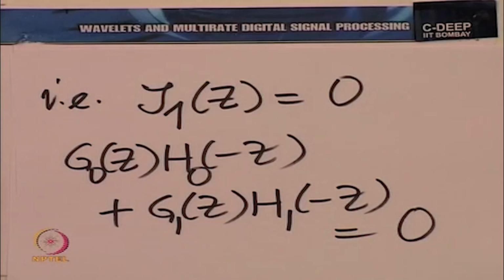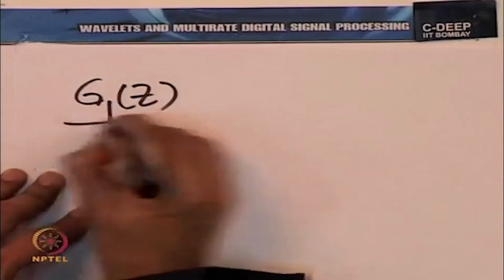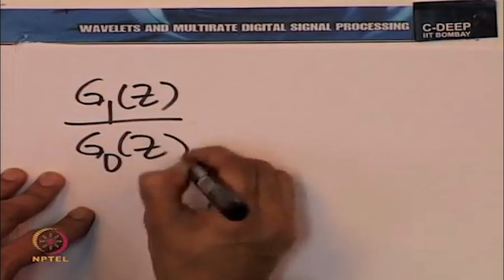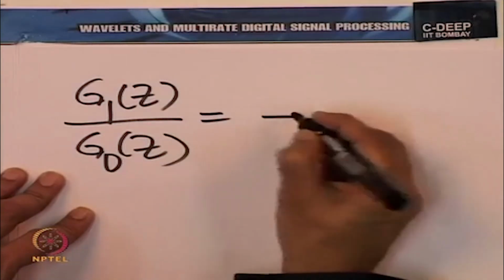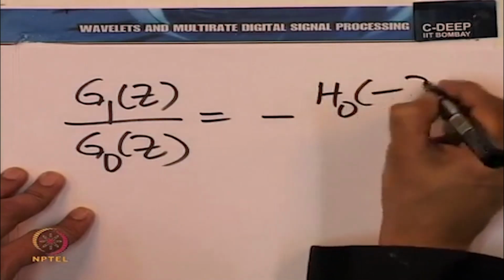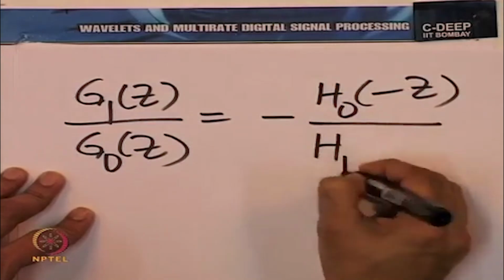And in fact, if we wish to explicitly express the synthesis filters in terms of the analysis filters, we could do that as well. Let us rearrange this equation to get g 1 z by g 0 z is minus h 0 minus z by h 1 minus z.